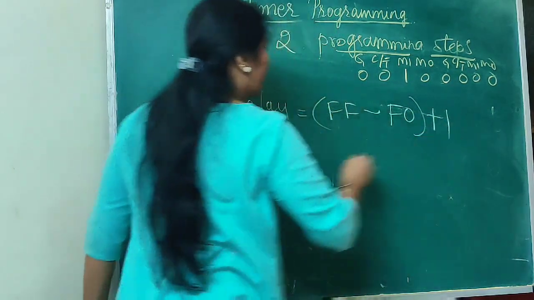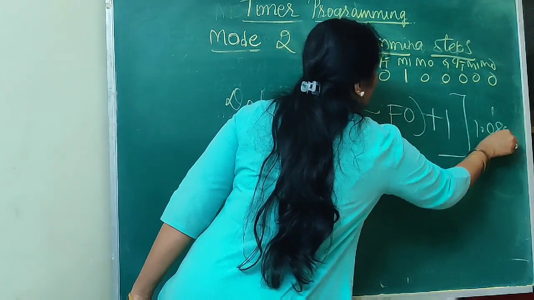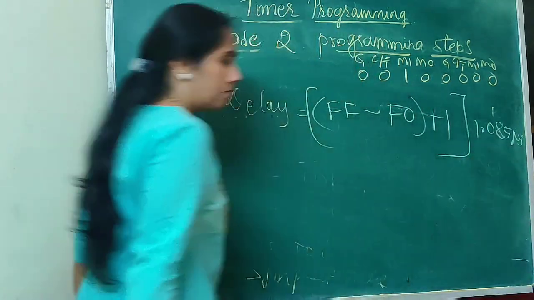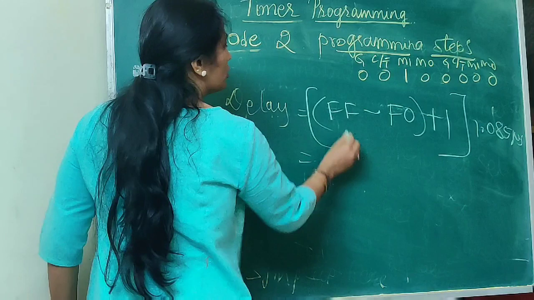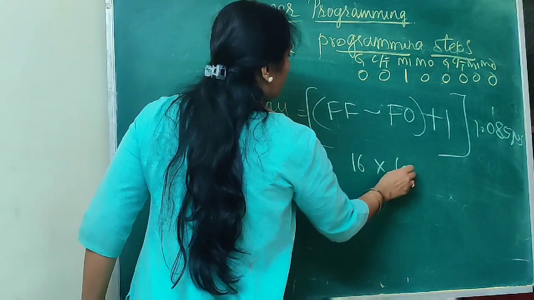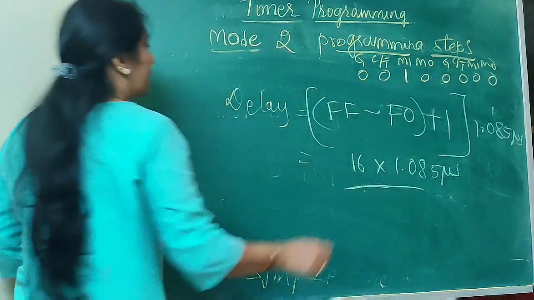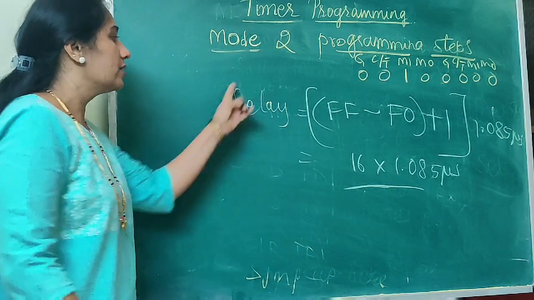Then add 1, and multiply it with the machine period, that is 1.085 microseconds. So what is the difference over here? F is 15, plus 1 is 16, into 1.085 microseconds. So this much is the delay which is going to be produced with the help of the mode 2 programming.